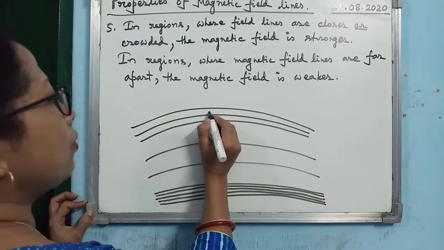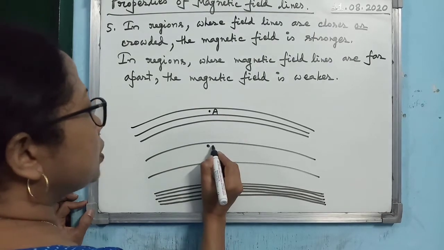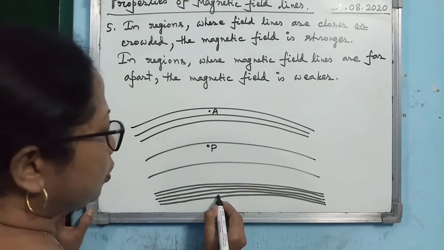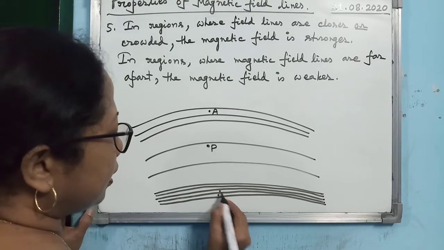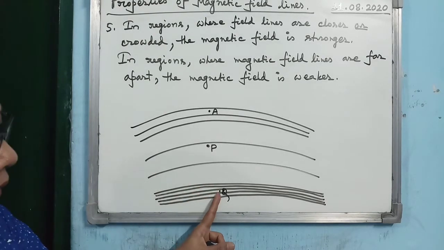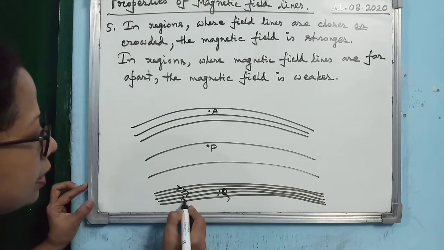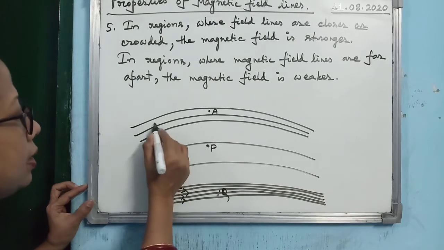Now suppose you have taken a point A here, a point, suppose it is P, and suppose you have taken a point Q here as shown. Now you see, at the point Q, the magnetic field lines, there should be an arrow for every line.